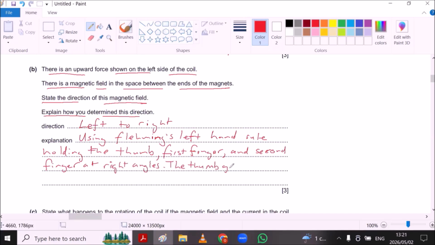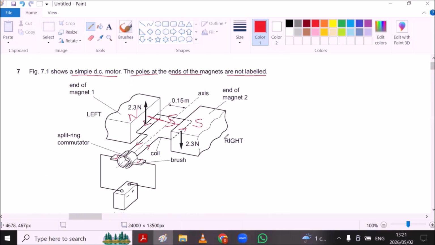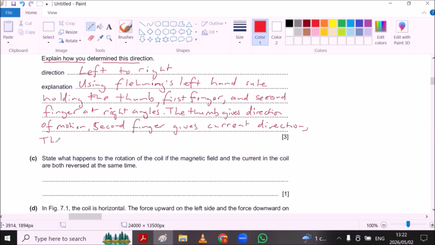The thumb gives direction of motion, which is here upwards. The second finger gives the direction of current, which is from here to there. The first finger will point left to right, which is the direction of the field.